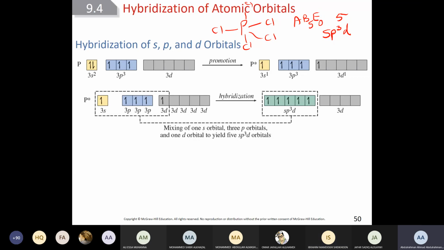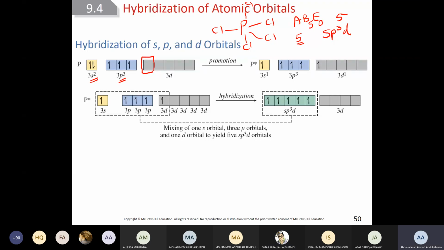In p we have only 3 orbitals, and that's why we're going to mix s with 3p and 1d. We'll take only 1 d. And what are we going to make? How many new orbitals? 5.